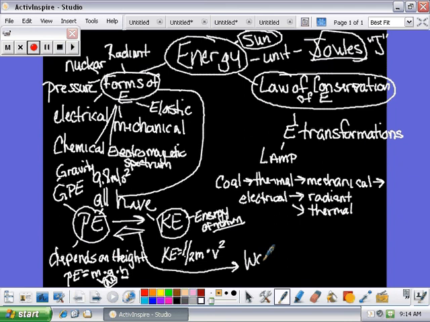Work. So in order to find work, we multiply the force times the distance. And we know if distance is 0, is there any work done? No. It doesn't move. You can move up here. So work is basically the transfer of energy.